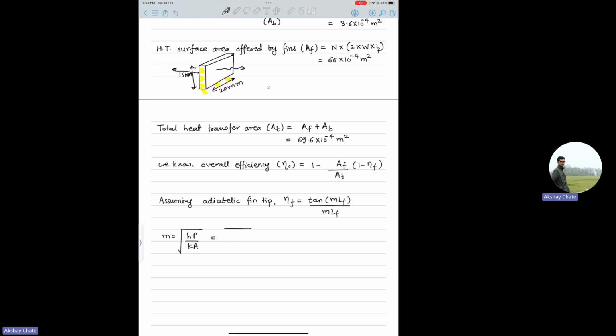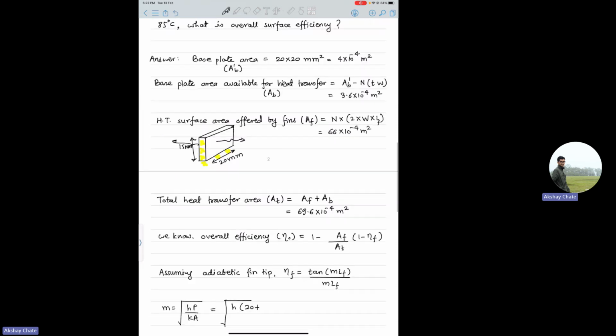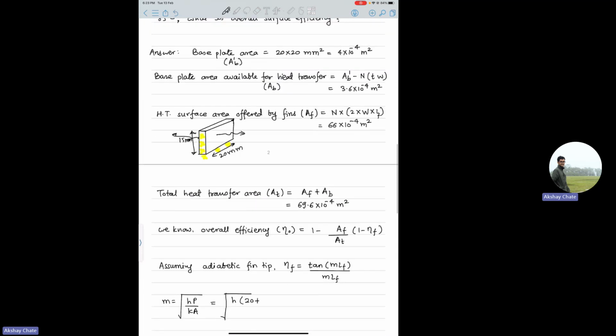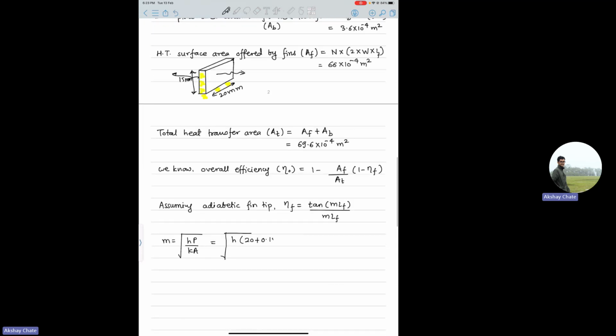So here perimeter will be 20 plus the thickness of the fin, which is 0.182, divided by... actually I should not add here, because we can further simplify it, and that is typically done in many cases.